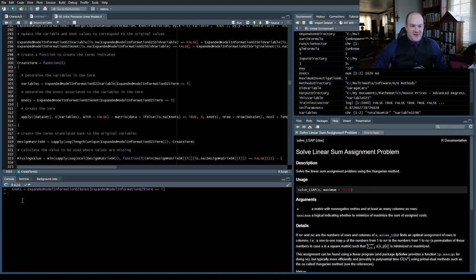Then you get your knots, just like before, except now we're doing it on the raw data instead of the transform data. And of course, there is no knot for a categorical variable. This is saying that apparently the transformation is max of total square footage of the basement minus 1,626.